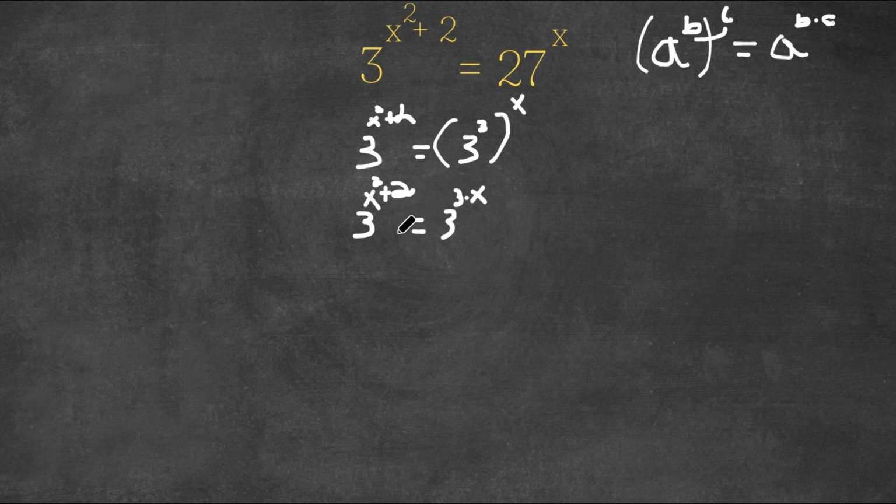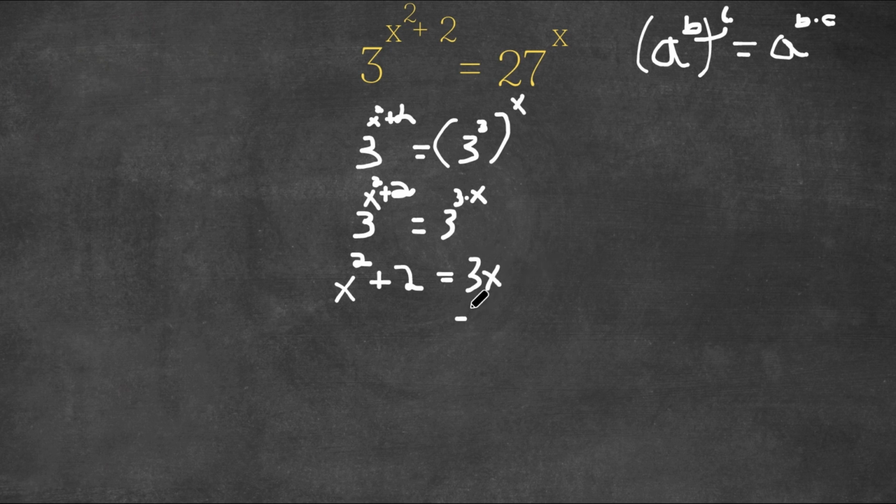Now remember, if you have the same bases, we can simply ignore the bases and make the two exponents equal to each other, because if the two bases are the same, then so do the exponents, right? Or else this equation wouldn't be true. So now we have our equation x squared plus 2 is equal to 3 times x, which is 3x.